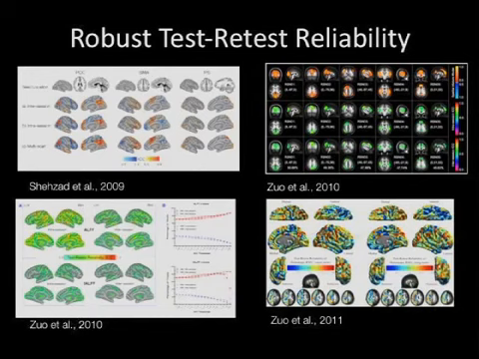To our surprise and delight, it turned out that even a year later, we get reliability values, they're called intraclass correlation coefficients, that are as high as 0.9. Now, 1 is perfect, and 1 is almost too perfect. That means it doesn't change at all and it's uninteresting.